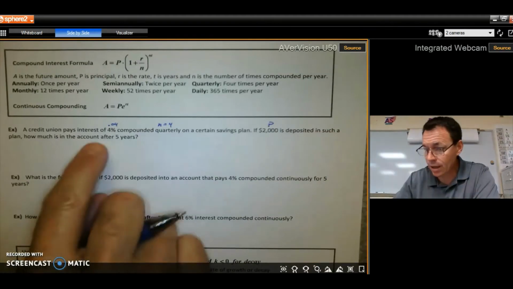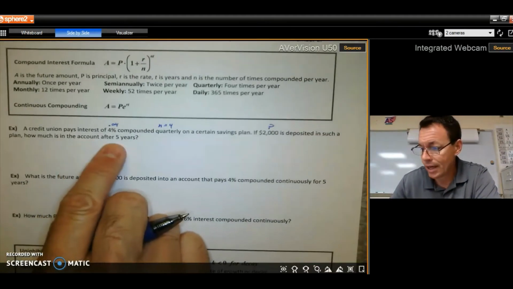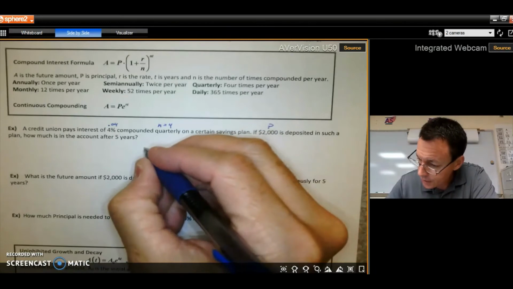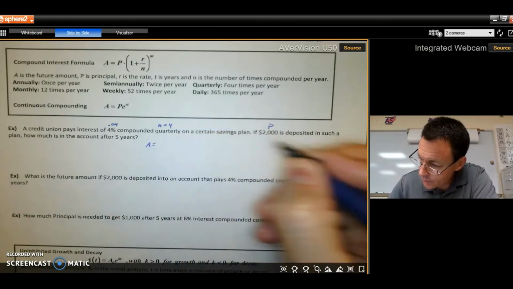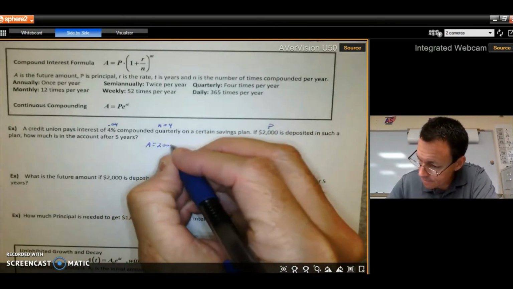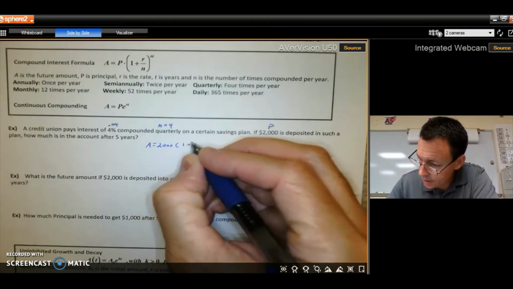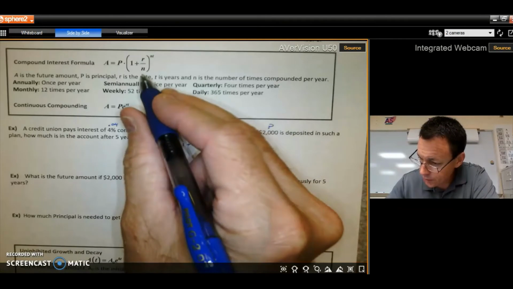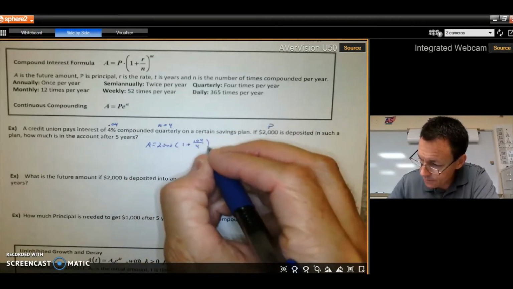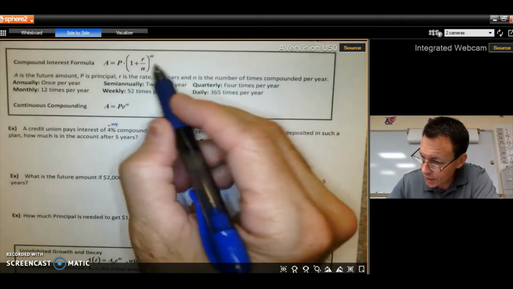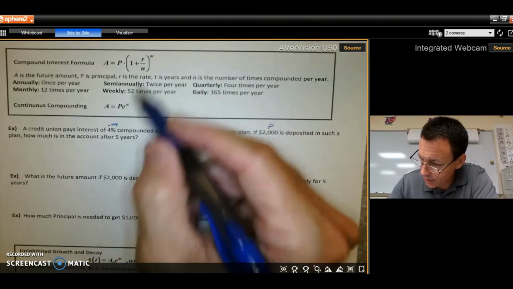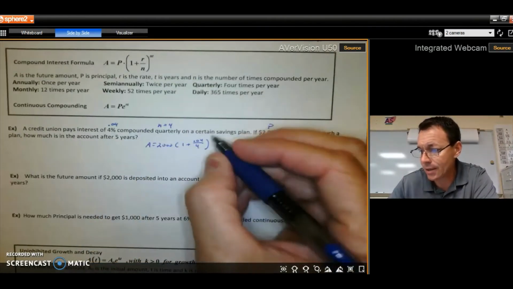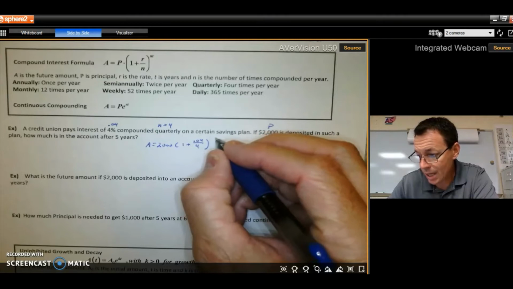How much is in the account, what is our future amount of money after 5 years? The future amount is going to be 2,000 times 1 plus R, which is 0.04, over N, which is 4, and then it's to the 4 times 5 power, NT.